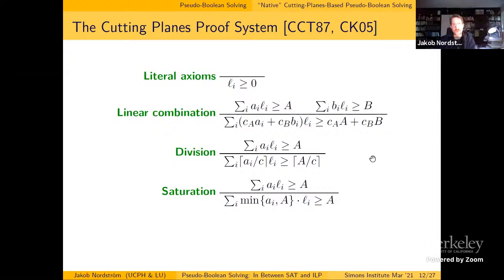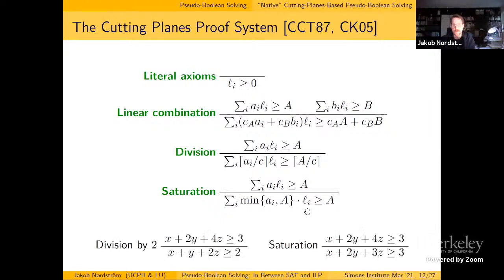But if you're doing solving, you also want to use the saturation rule, and maybe saturation is easier to see by an example, also division by an example. So suppose I have this constraint x + 2y + 4z ≥ 3. Then if I divide by 2 and round up everywhere, I get x + y + 2z ≥ 2. So this is what division does.